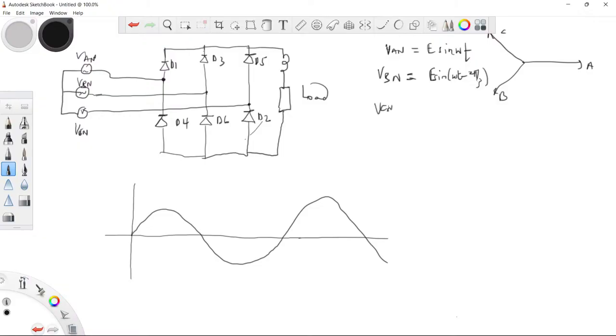Then VCN is given by E sine omega t minus 240 degrees, but that is the same as plus 2 pi over 3. So these are the phases, which means this is my VAN, then my VBN lags this one by 120 degrees. So my VBN will come like this.